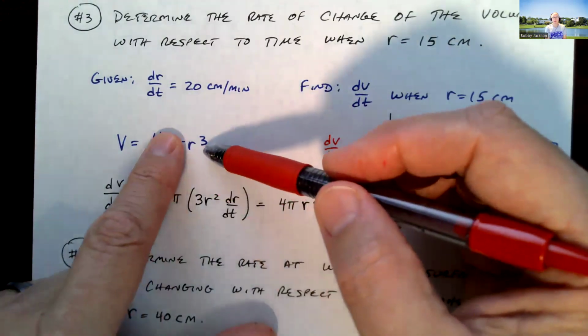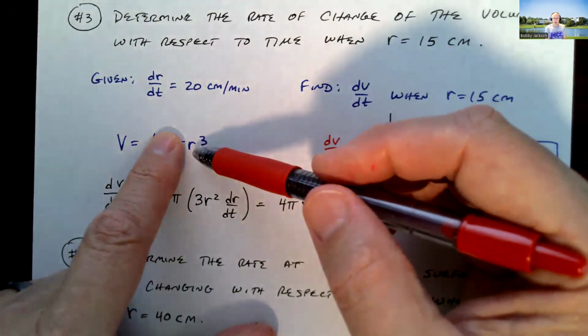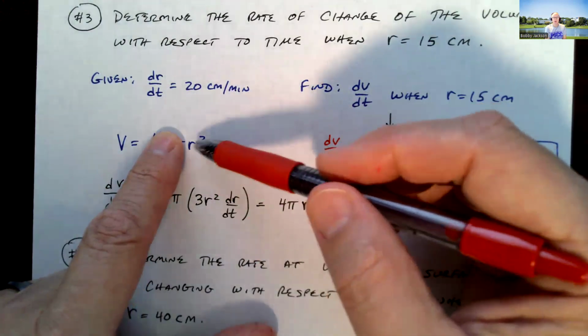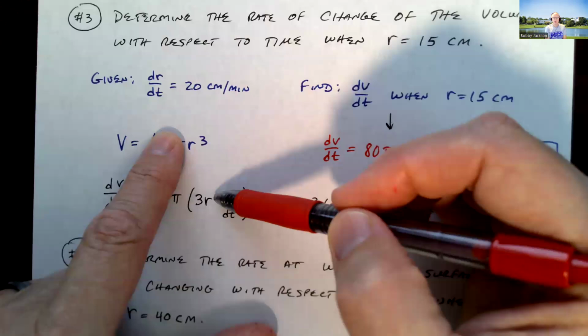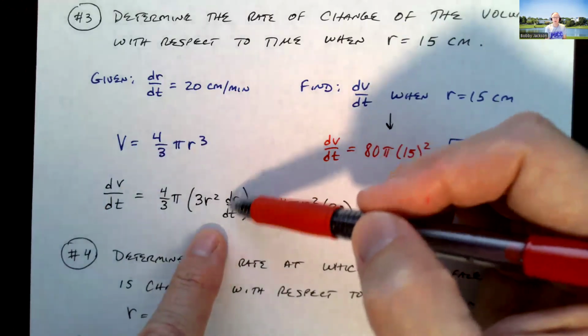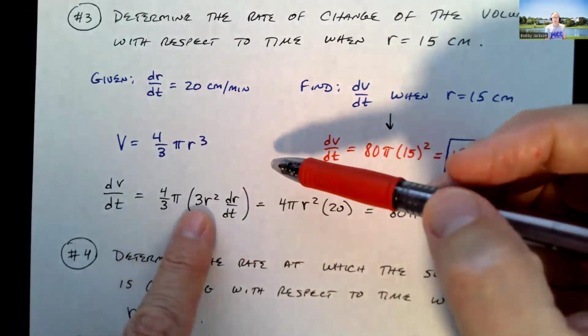And then when I take the derivative with respect to t of r cubed, I've got to use the chain rule, right? Outer function is r cubed, inner function r. Derivative of r cubed is 3r squared times the derivative of the inner function. Well, with respect to t, derivative of r is dr dt. Okay, clean this up. 4/3 times 3 is just 4.